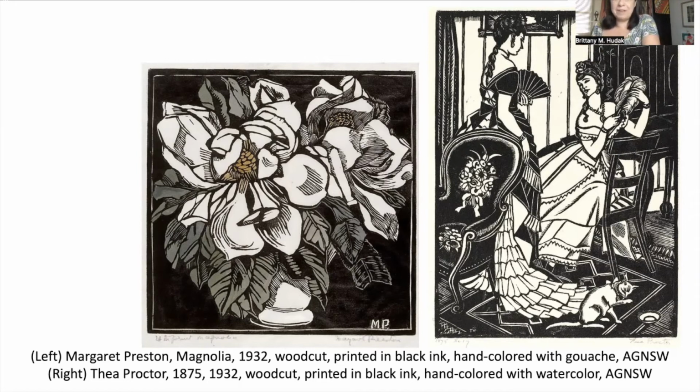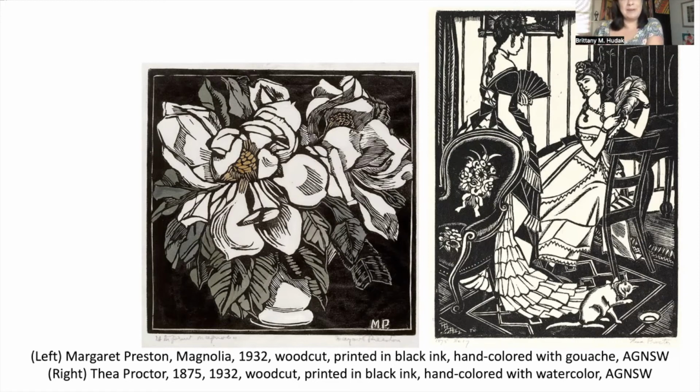And around this time, I should also point out that Thea and Margaret had a terrible falling out. Apparently they fell out over the acquisition of one of Proctor's prints from their joint show by the Art Gallery of New South Wales. In that joint show in 1925, they exclusively showed their hand-colored woodblock prints.